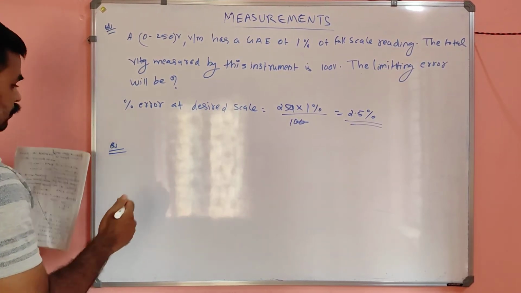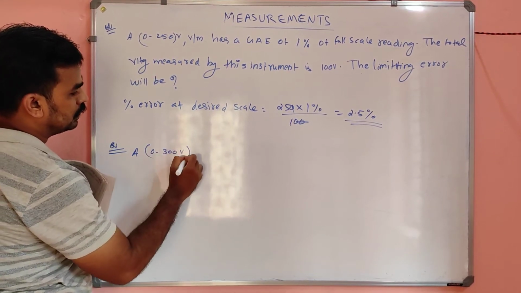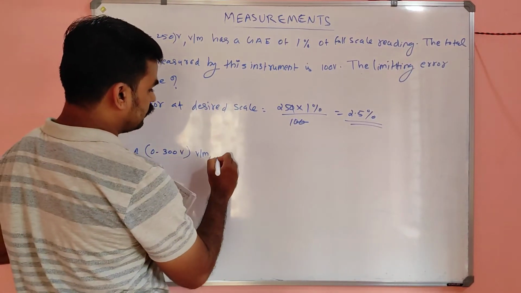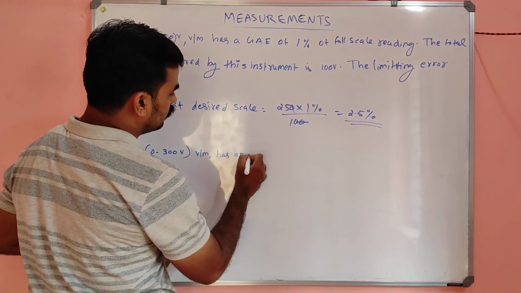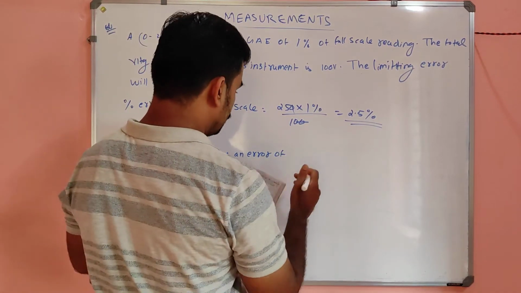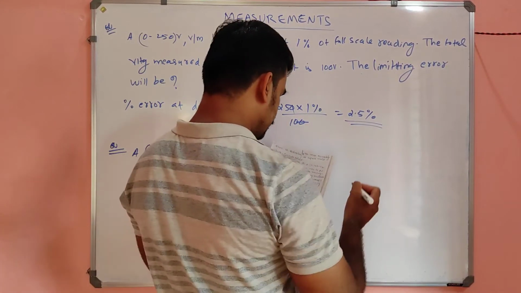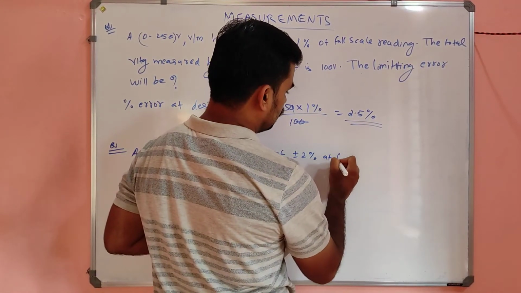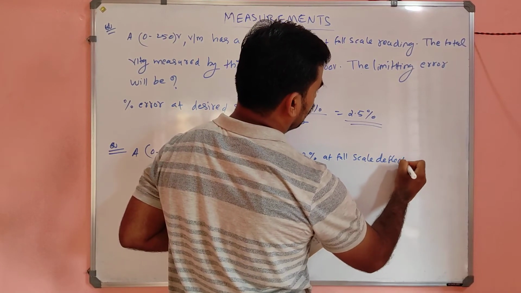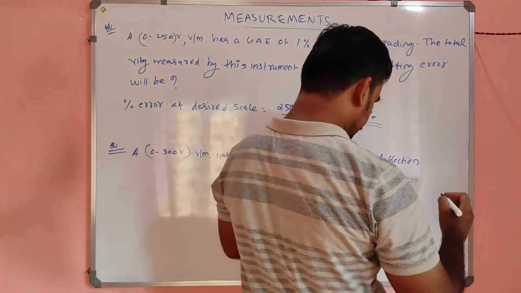0 to 300 volt voltmeter has an error of plus or minus 2% at a full scale deflection.